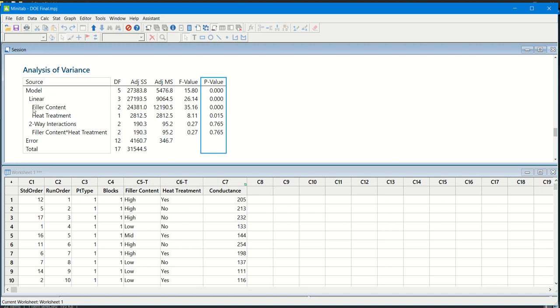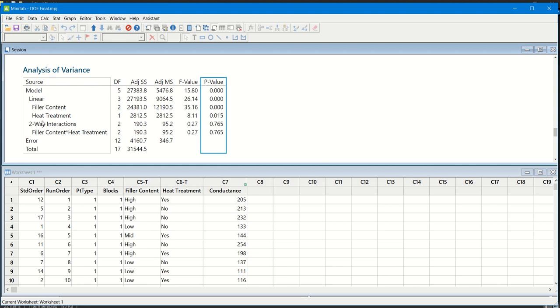So, in this case, the filler content has an effect. Okay? Sa heat treatment naman, the p-value is 0.015. And 0.015 is still less than 0.05. So it means I also reject the null hypothesis about heat treatment, which says there is no effect. So since I reject it, it means there is an effect, heat treatment.